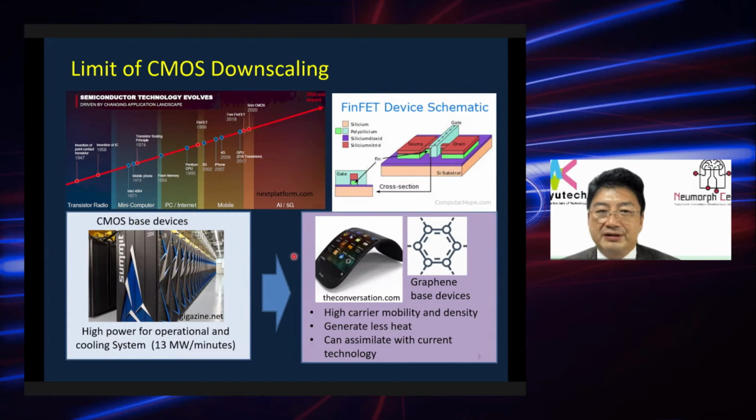But the device itself has a limitation, almost facing the limit of nano downscaling. But for the thickness of wiring, we have some room to achieve that. So today I talk about that.